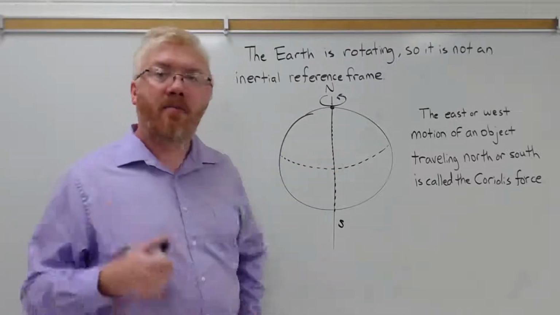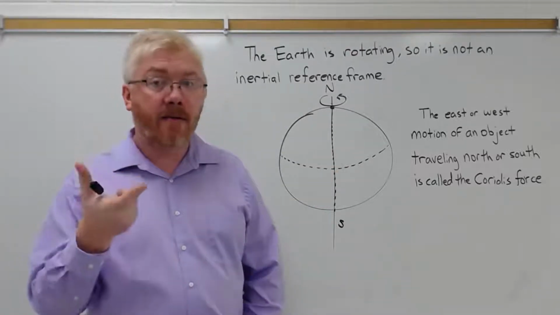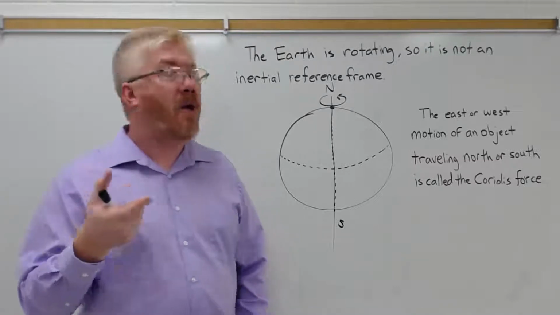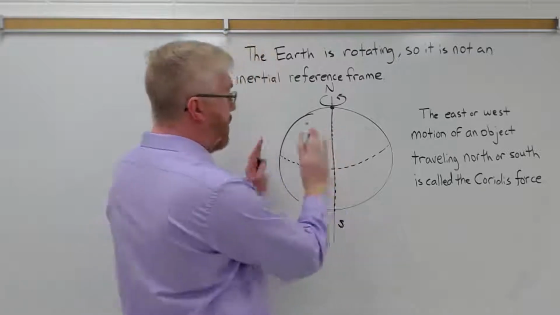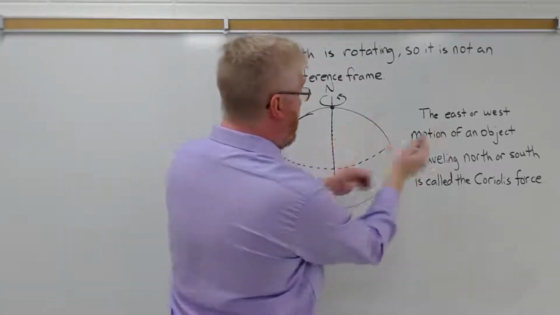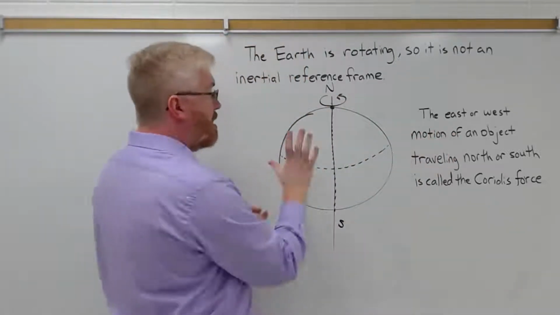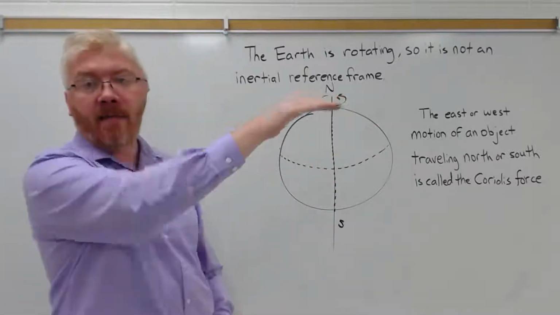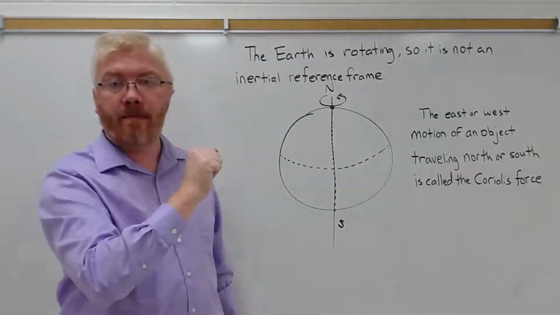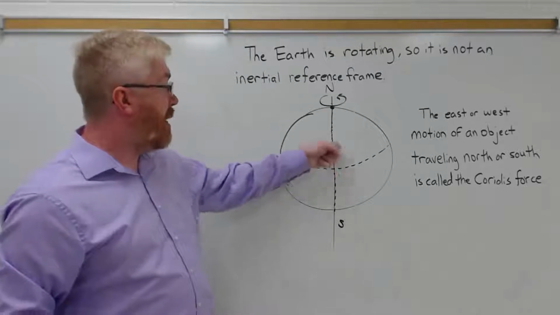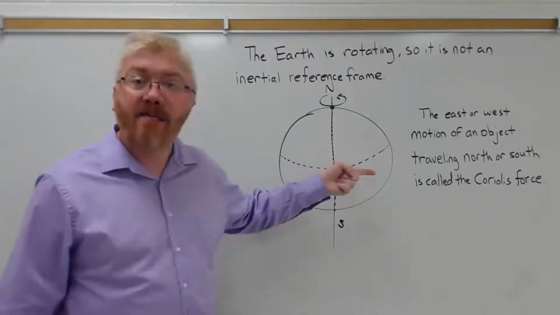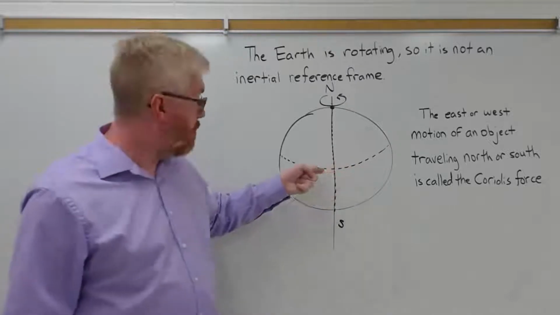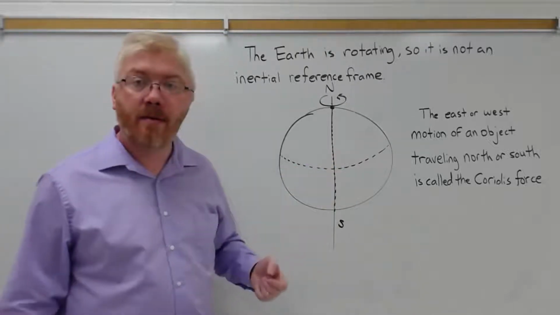But the problem is the Earth is rotating. So what happens is, as the cannonball is in the air, the Earth is actually spinning once on its axis, spinning underneath that cannonball. How fast it's spinning depends on what your latitude is. On the equator, it's moving 1,000 miles an hour, in this case, to the right.